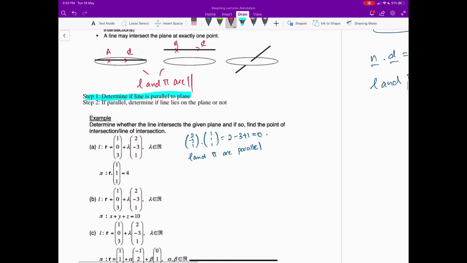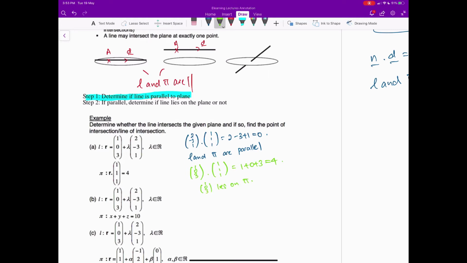So how do I determine? I'm going to take the point over here, which is on the line, which is (1, 0, 3), and dot it with my (1, 1, 1). Essentially, you should see that I get 1 plus 0 plus 3, which gives me 4. We learned from the scalar product of a plane that if I take any point and dot with my normal and get the constant at the back, it means that the point (1, 0, 3) lies on the plane.